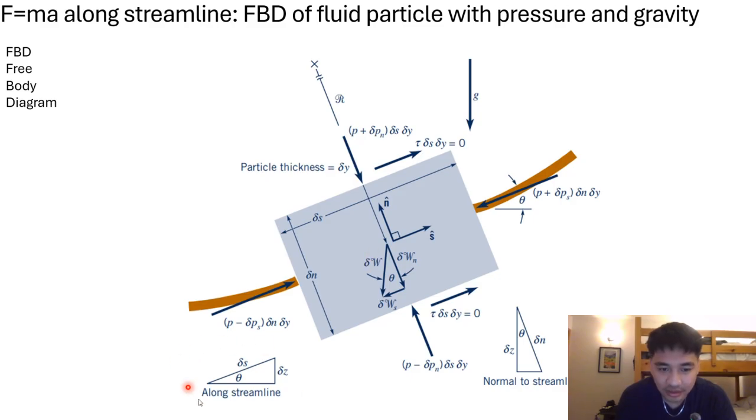Here is some trig: delta s, delta z, your theta along the streamline, and here is normal to the streamline, delta z, delta n, and the theta here. So normal is in this direction. If you are trying to follow along with the derivation and any of these are confusing, please rewind. Gravity is just pointing downwards. I probably should have explained this particle thickness delta y earlier, because you see it in many parts of these forces, but delta y is just coming in and out of the page.